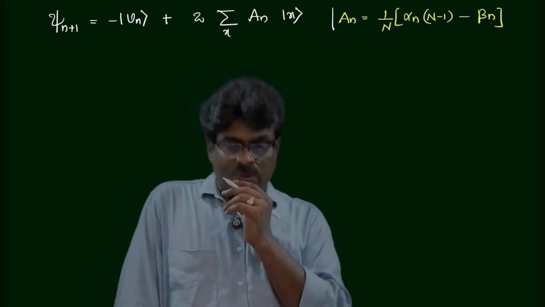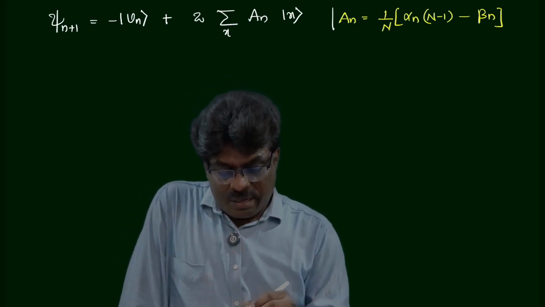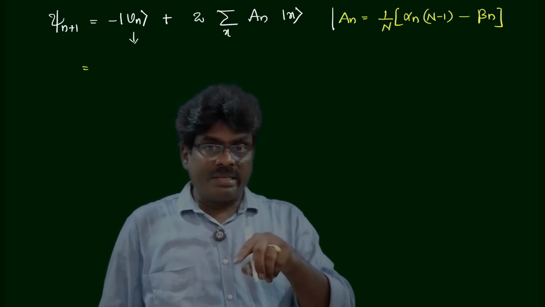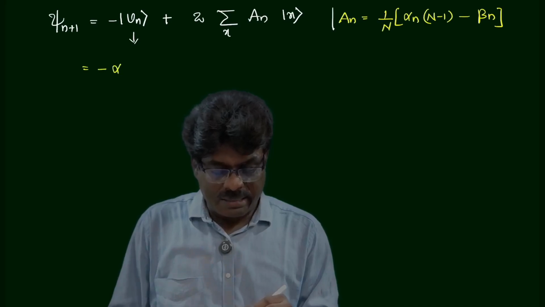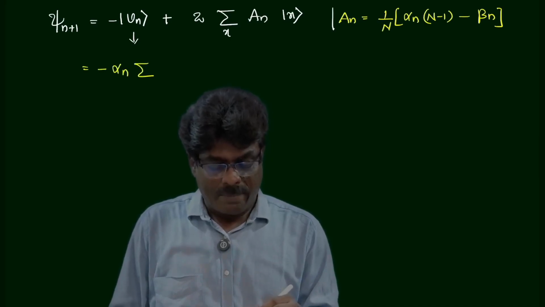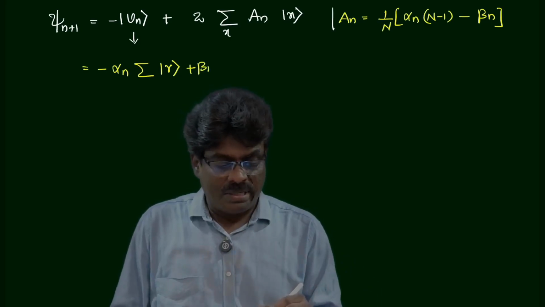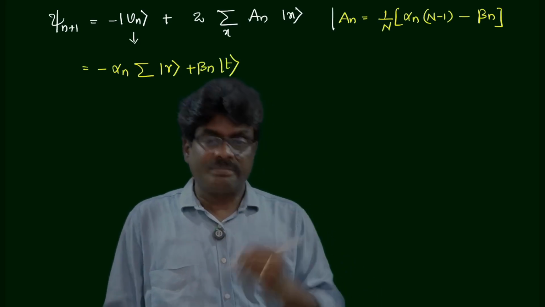And now what I'm going to do is substitute what Vn is here. So here we have minus Vn, that's why minus alpha n summation over remaining states, minus of minus plus beta n into target.